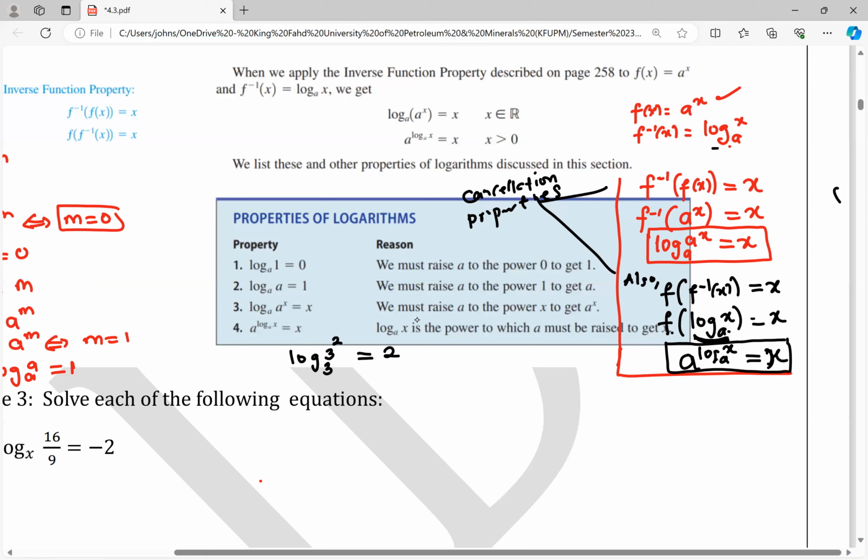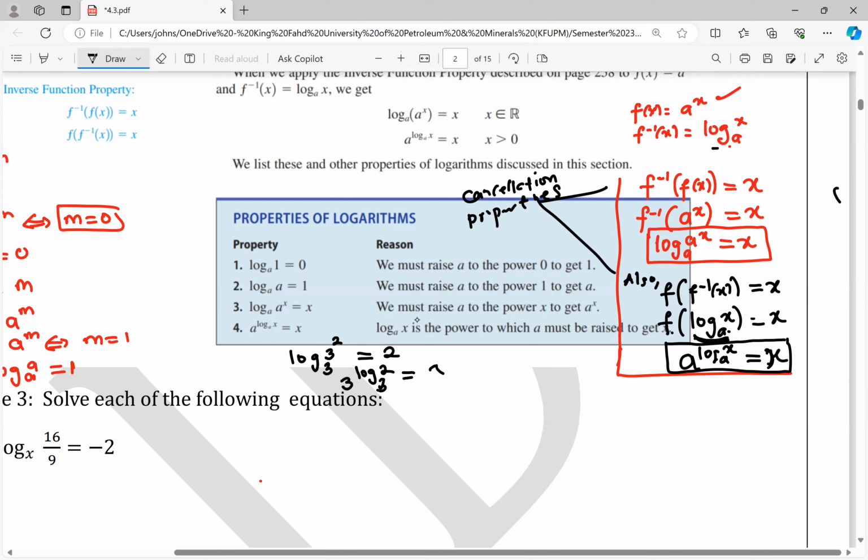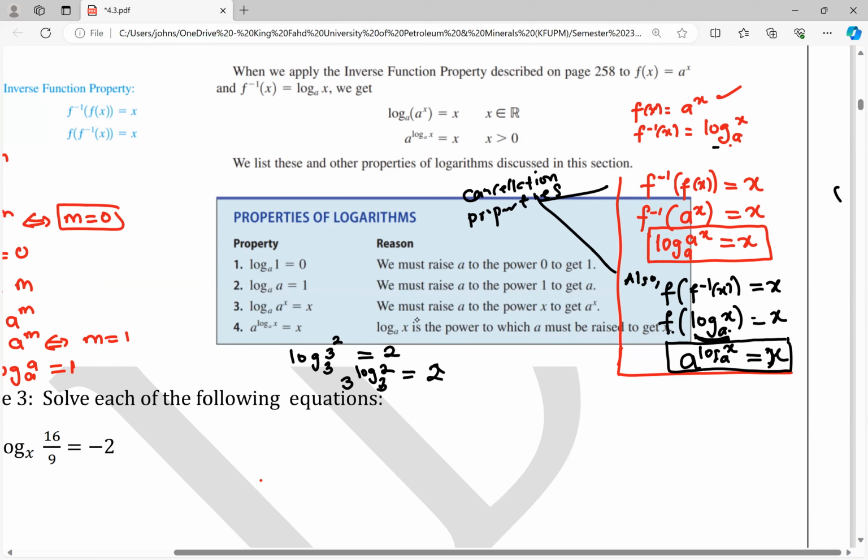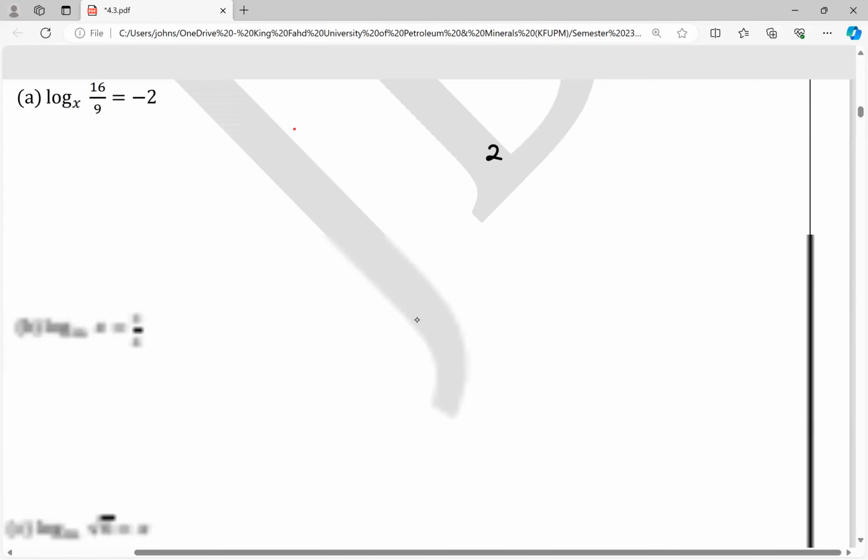Also, if you have 3 to power log to base 3 of 2, the answer is just 2. So these are just quick applications of these properties. All right, so now let's go and answer some problems.